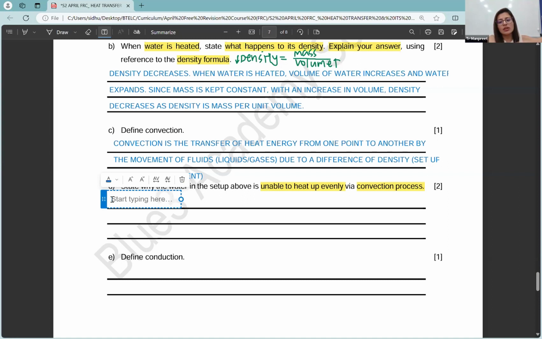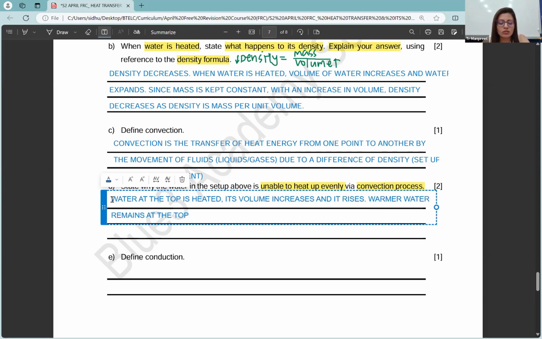Okay, so what happens as a result? Can you have a convection current set up? In this case, no convection current will take place. So they're asking you why not. They are telling you it does not take place, so just explain why not. Water at the top, say it's heated, its volume increases and it rises. So the warmer water remains at the top.